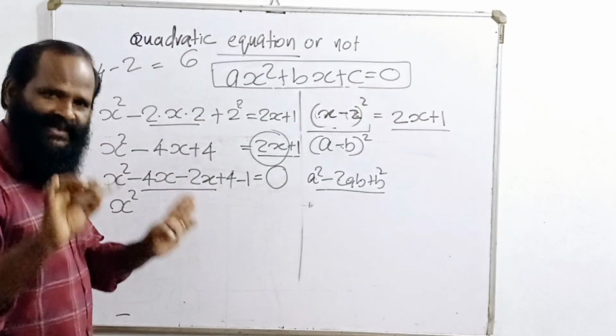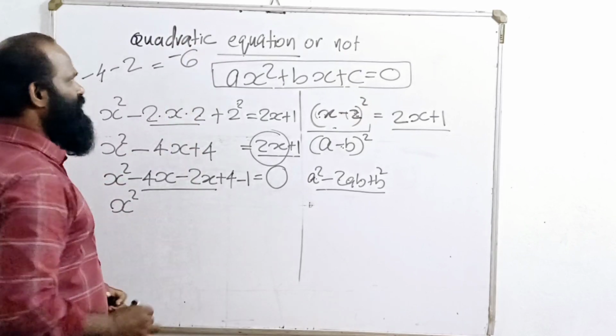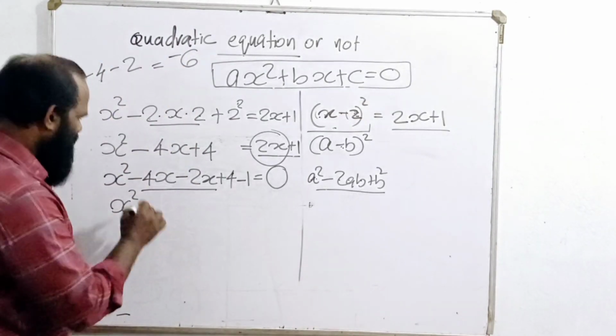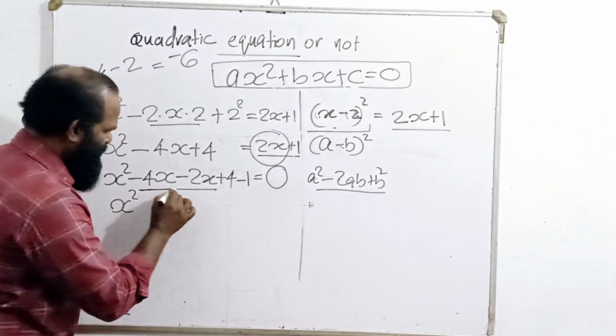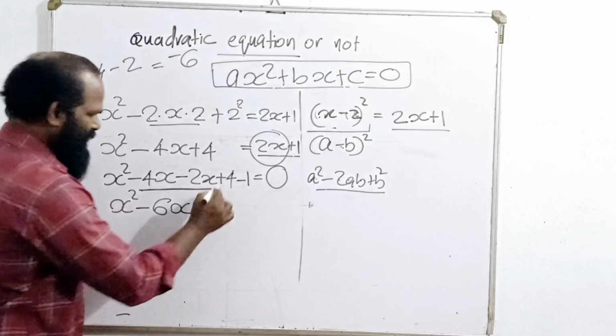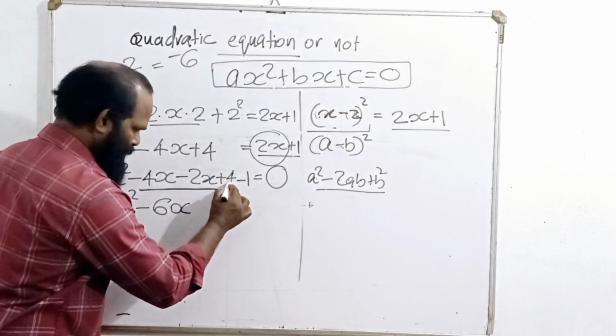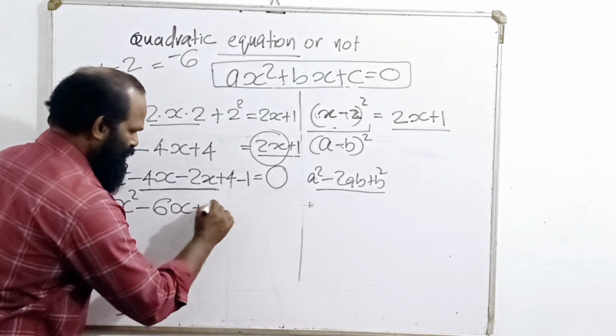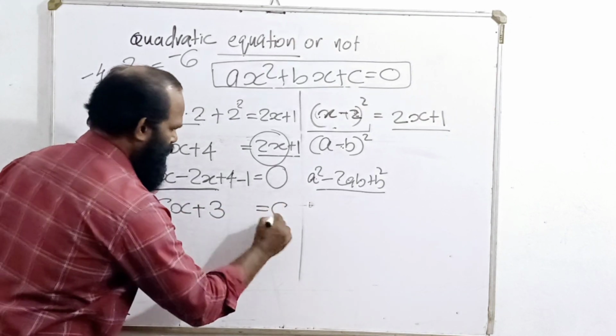And put the same minus sign. This is the operation. So minus 4 minus 2 is minus 6. Then if it is so, what is minus 4x minus 2x? Minus 6x. And now 4 minus 1.